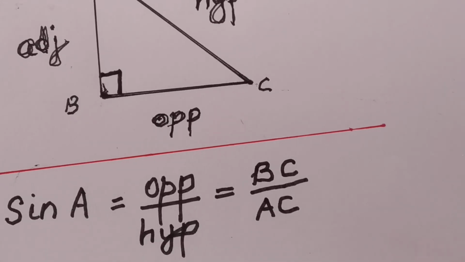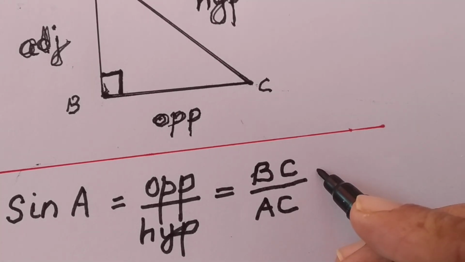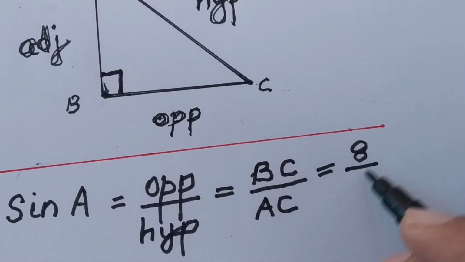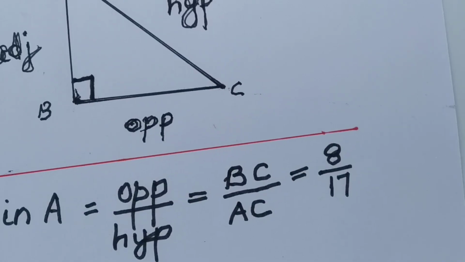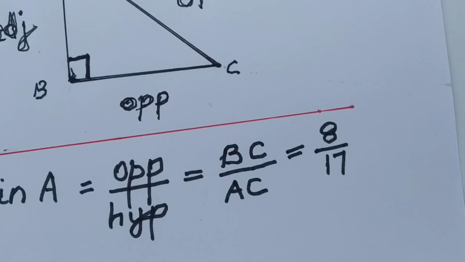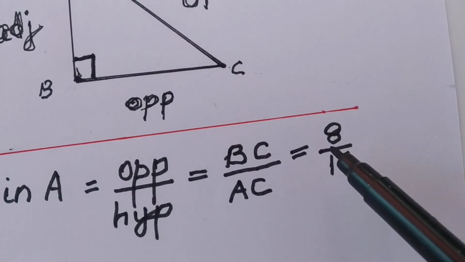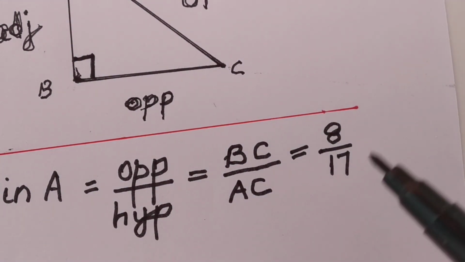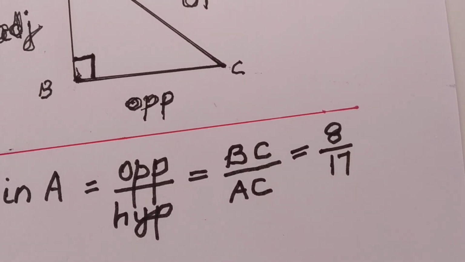We are given sin A as 8 by 17. Now you might think that BC is equal to 8 and AC is equal to 17, but it doesn't work that way. You need to be very careful when you formulate the next step.